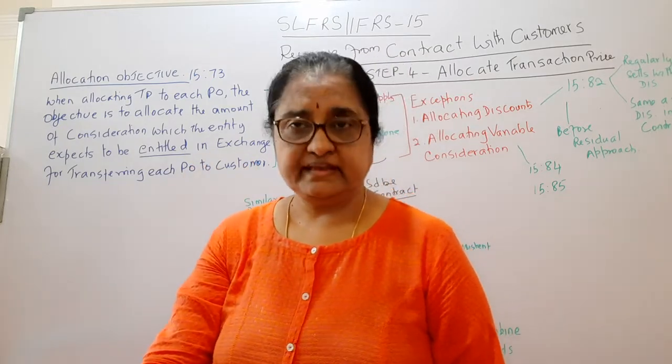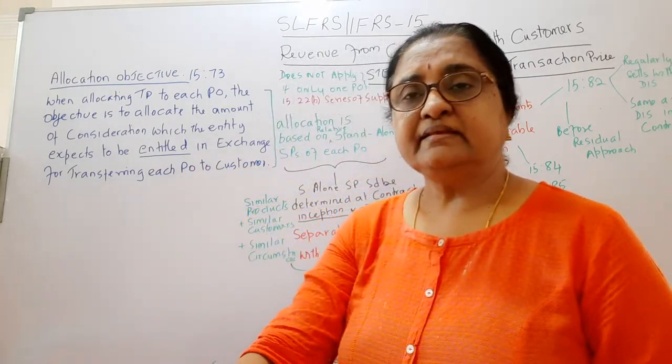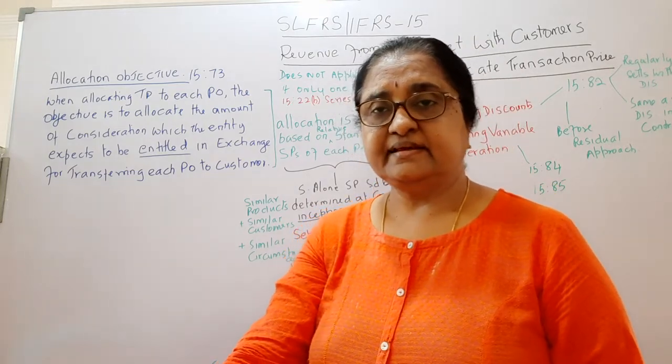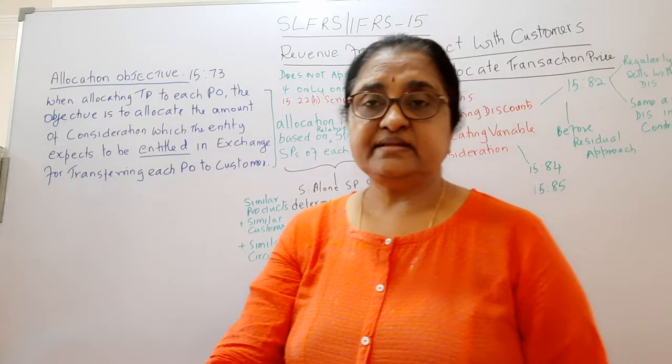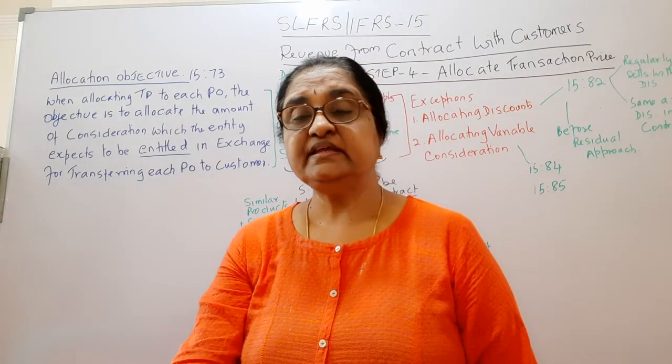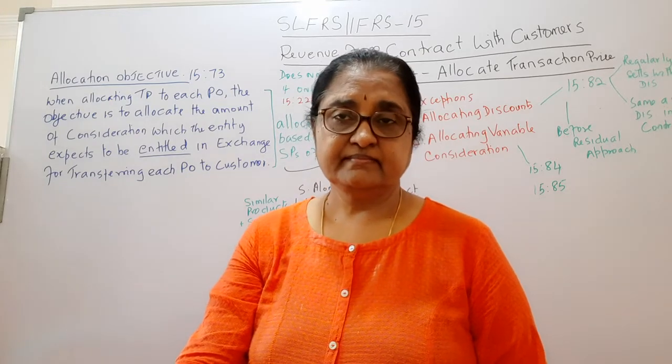That's what you have to keep in mind when you are determining the allocation of transaction price for one performance obligation. Other than that, when transactions have several performance obligations, several goods and services supplied, then you have to allocate for each performance obligation.